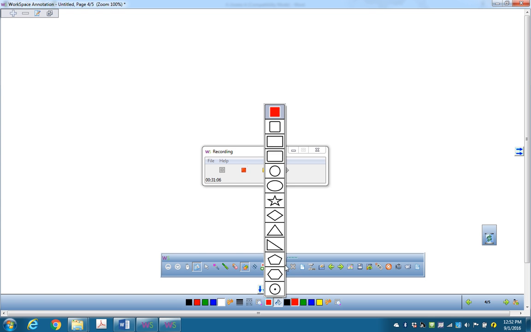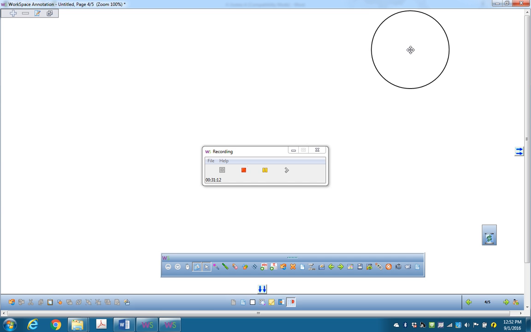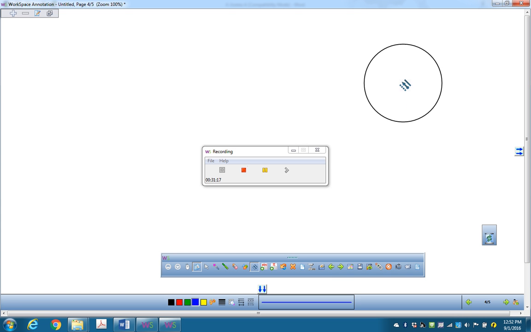You have a circle, and then you have a point on your unit circle up here somewhere. Okay, there's a unit circle.